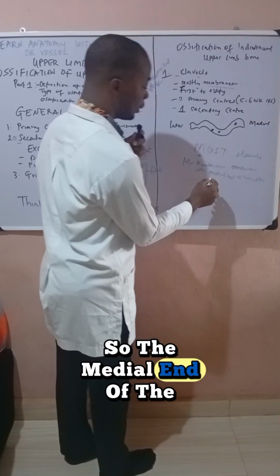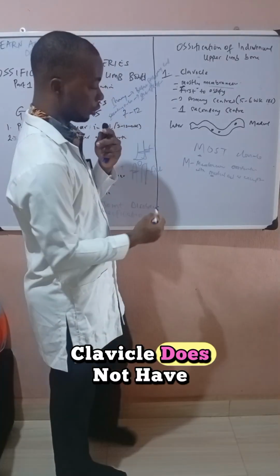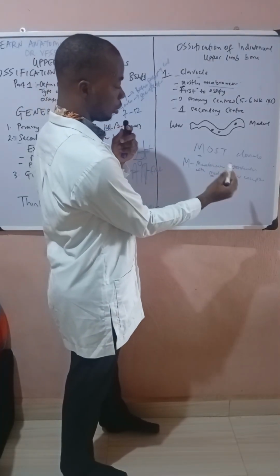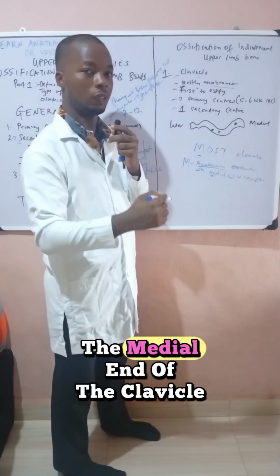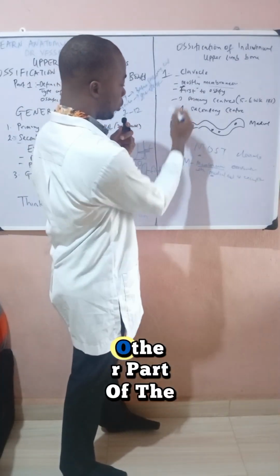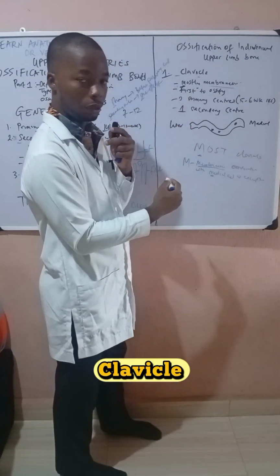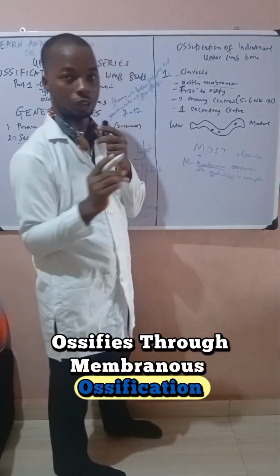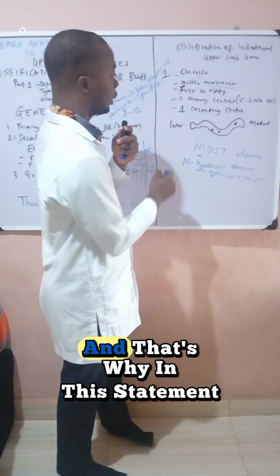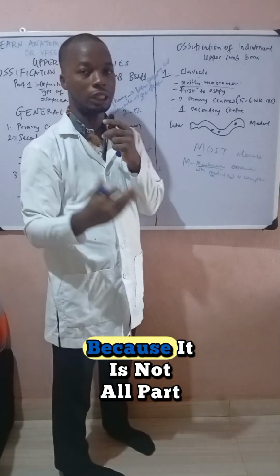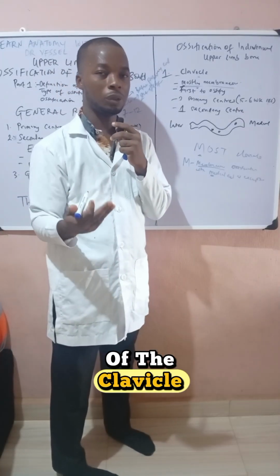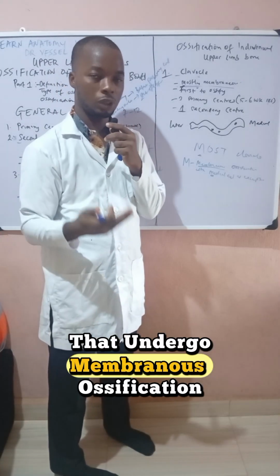So the medial end of the clavicle does not ossify through membranous ossification, but all the other parts of the clavicle ossify through membranous ossification. So you must take note of this, and that's why this statement says mostly membranous, because not all parts of the clavicle undergo membranous ossification.